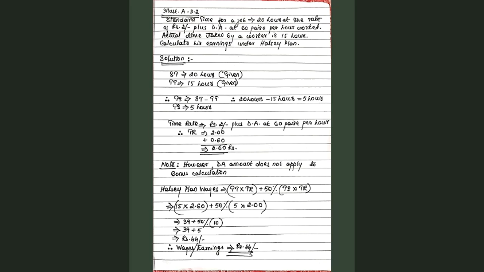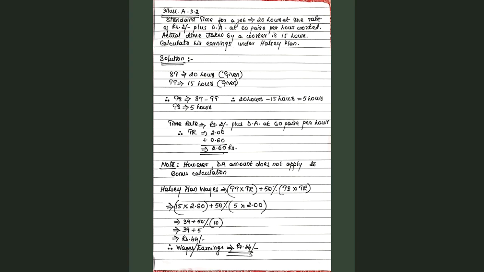All information has been given to you in this problem, so there is nothing to be derived directly. They have provided us information regarding the standard time as well as the actual time taken by the worker. So what is the standard time that is given? It is said that the standard time is 20 hours.